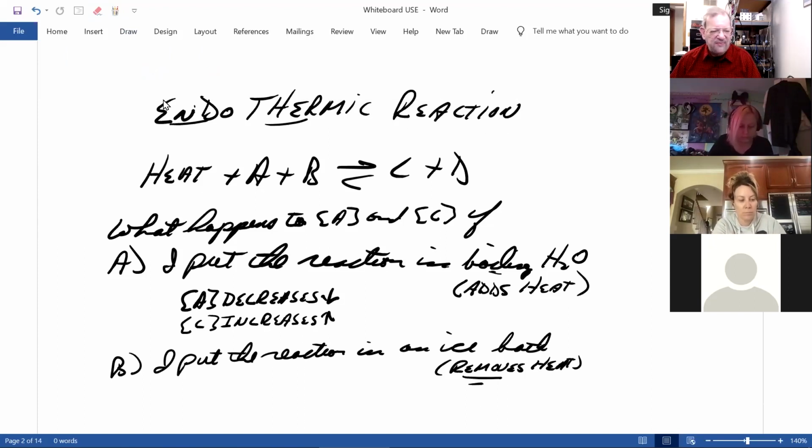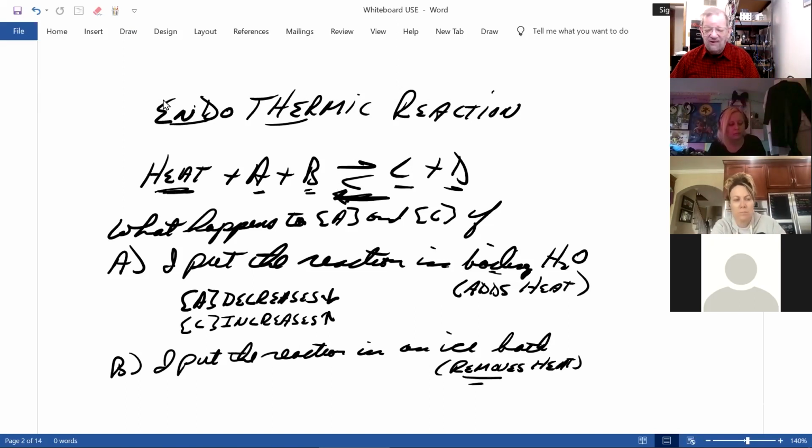At equilibrium, there should be a certain amount of heat. Now there's less. Oh no, I need more heat to replace what somebody took from me. How do I make more heat? C and D react to make more A, B, and heat. So it shifts this way to make more heat, but at the same time, it makes more A and B.